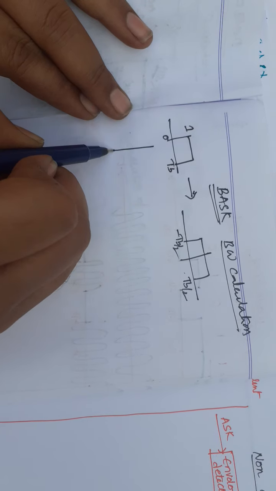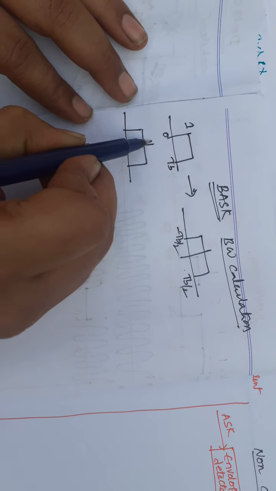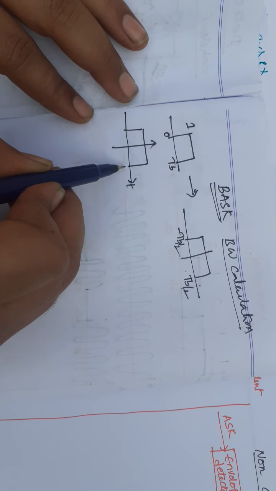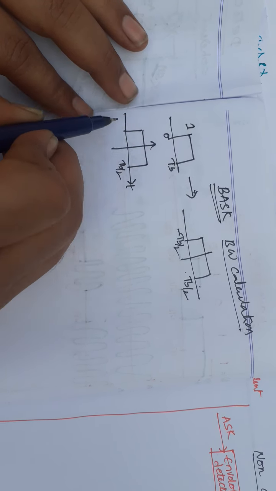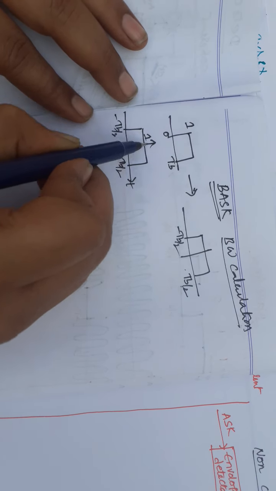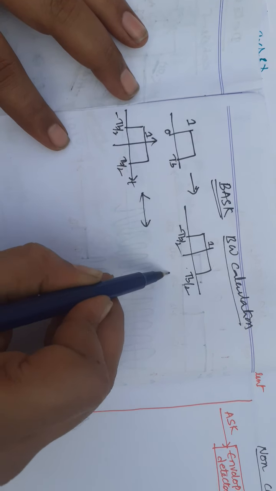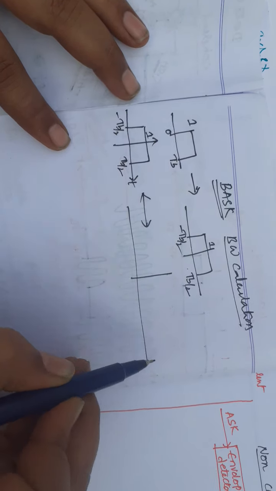Fourier transform of this one is, this is time domain T, here TB by 2, minus TB by 2, amplitude is 1. Okay, Fourier transform of this one, we will get a sinc function.